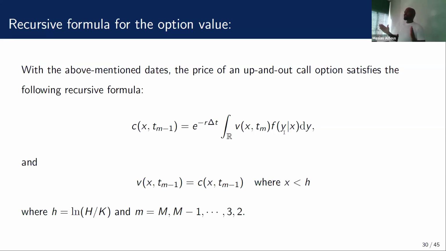The C becomes the payoff function. We know the payoff function at capital T. We go backwards in time. We calculate what we want to call the payoff function at T, capital M minus 1, and so on, until we reach T1.